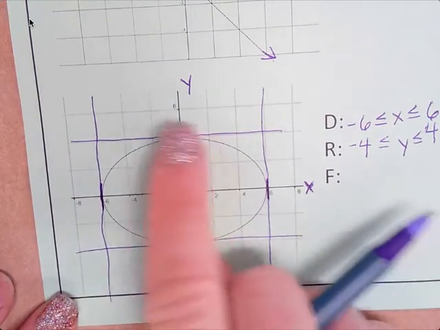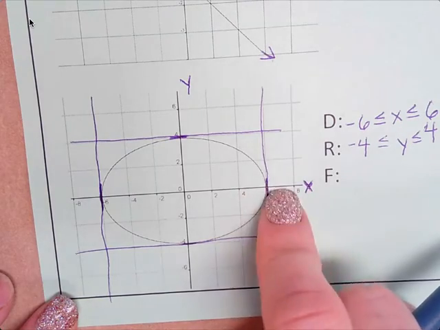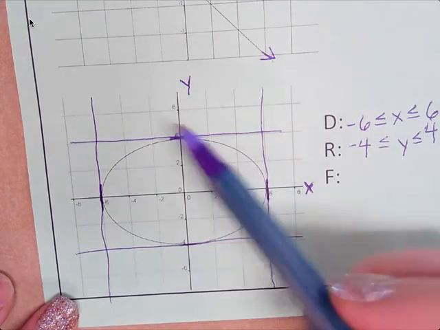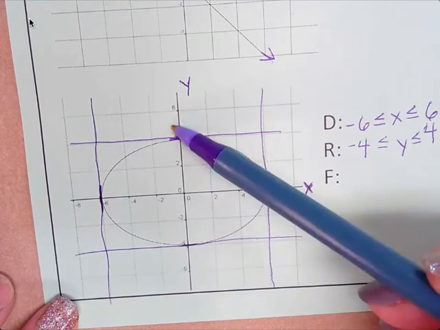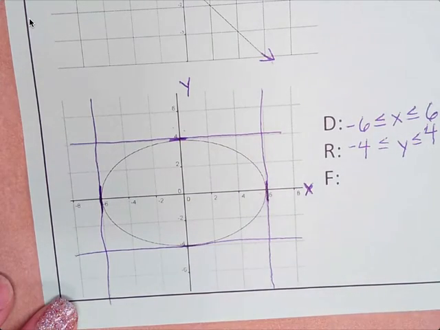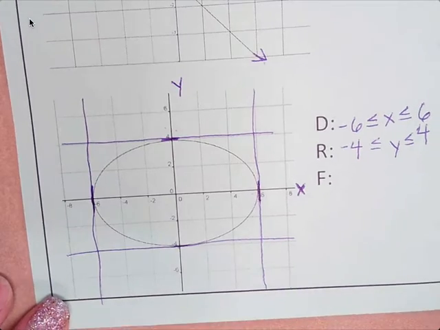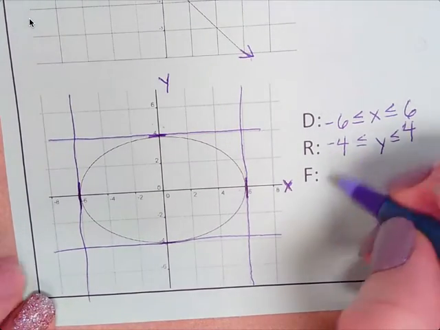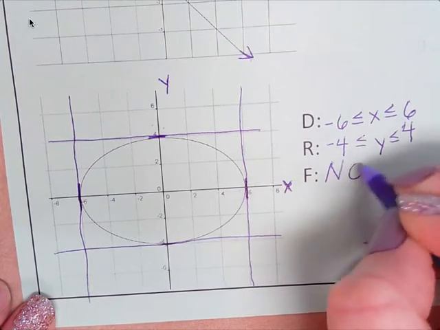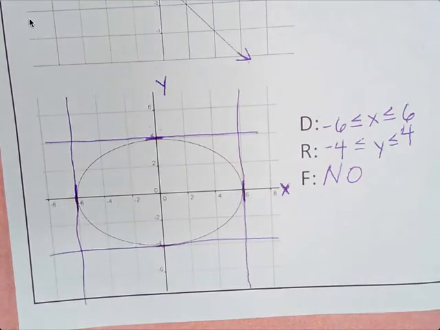So we can put a box around this function where we have our min and max, from bottom to top, left to right. Is it a function? No. Why? Yeah, it fails that vertical line test.